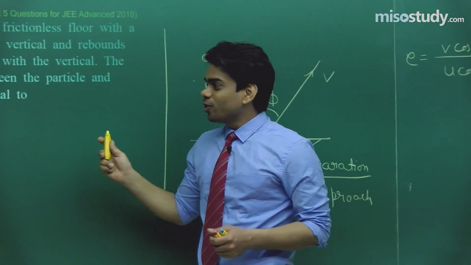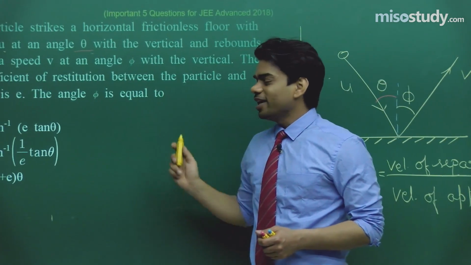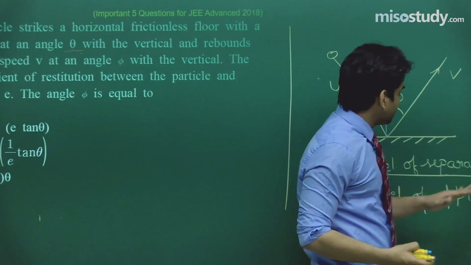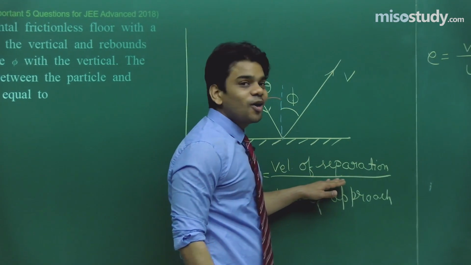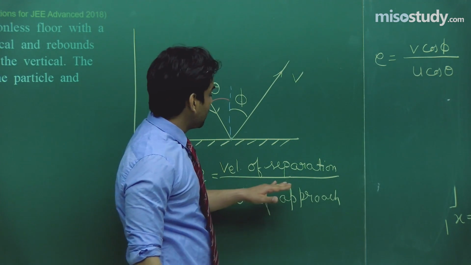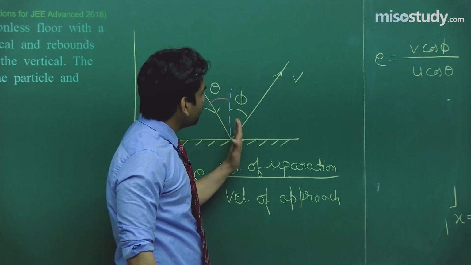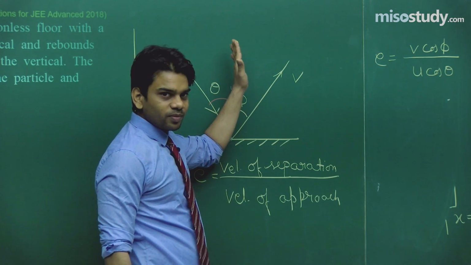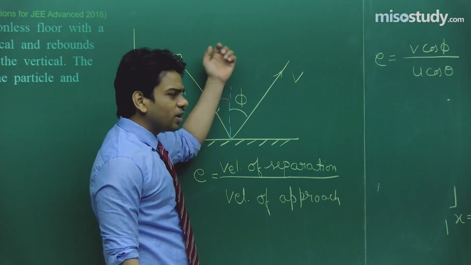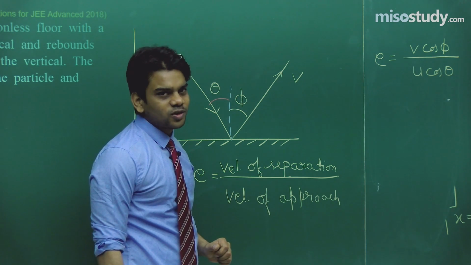Next thing you see, we need to find out the angle phi. We need to find out what is the value of angle phi. We have already shown how E is actually related with the velocity of separation, velocity of approach. Velocity of separation is with what velocity it will rebound, the vertical component of the velocity, and velocity of approach is with what velocity along the vertical direction it is approaching towards the horizontal floor.